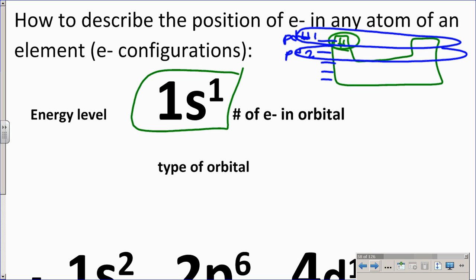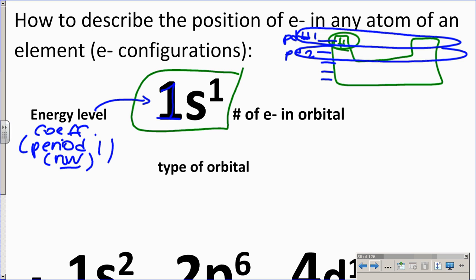Period 1, period 2, and so forth down the periodic table, right? So guess what? Period 1, it's called energy level 1. Nothing tricky here. So energy level 1 is noted by a coefficient of 1 in the front. So energy level 1 is represented as a coefficient, and that correlates with period or row, don't forget, periods or rows, 1 on the periodic table.